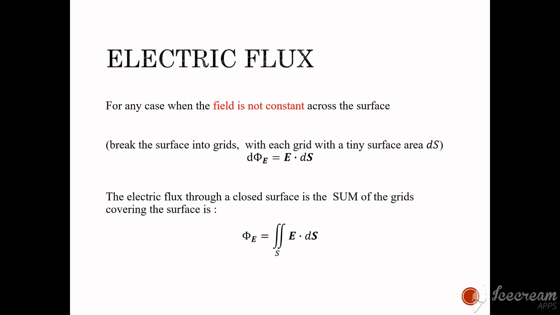Okay, so in any case where the field is not constant across the surface, which is most of the cases, we have to break the whole surface into smaller grids. Each grid represents a tiny surface area, known as ds, the differential surface area.